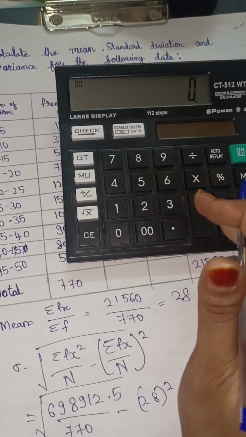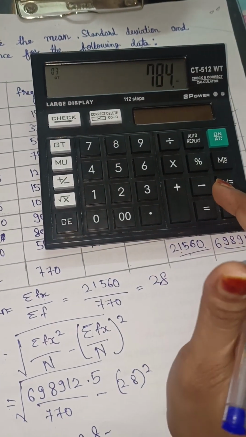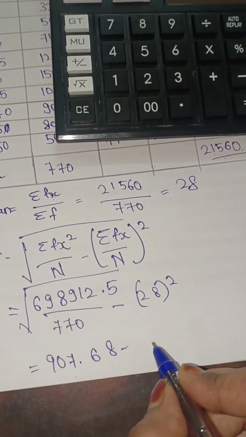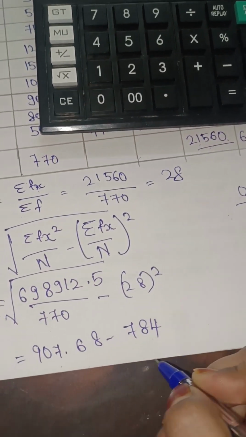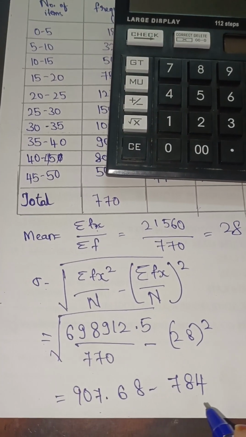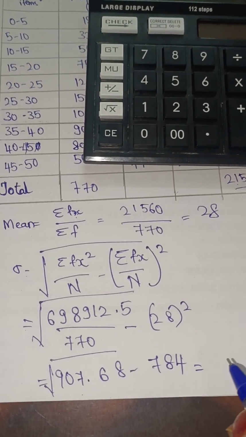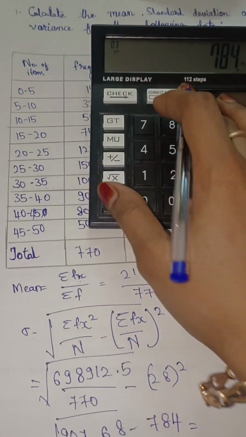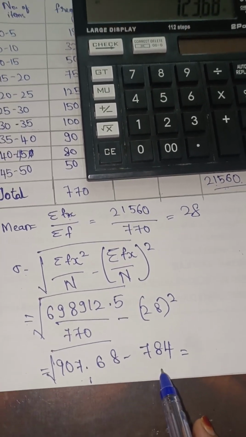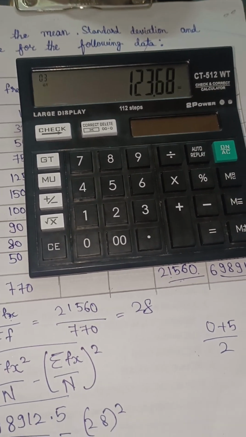So 28 into 28, which will be 784. So let's just write 784. Okay, so the next thing that we have to do is put the root and then just minus both the terms. So let's do it. So after subtracting this term with this, we have found the answer, which will be 123.68.